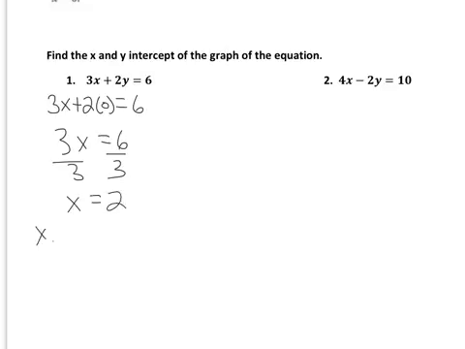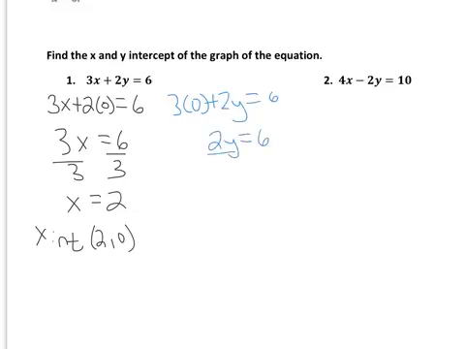So the x-intercept is 2, 0. Then you plug 0 in for x, solve for y. So the y-intercept, 0, 3.